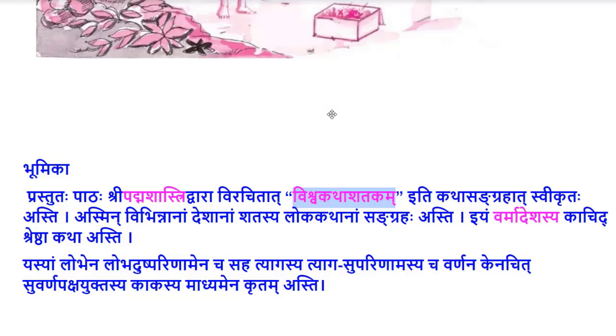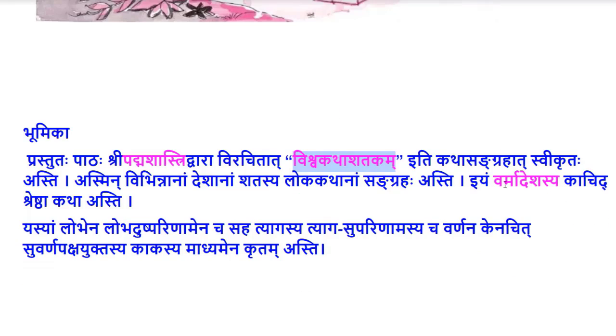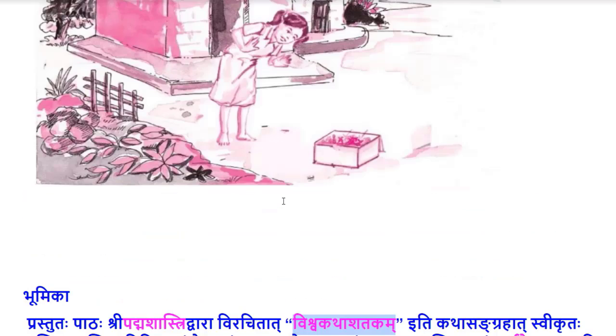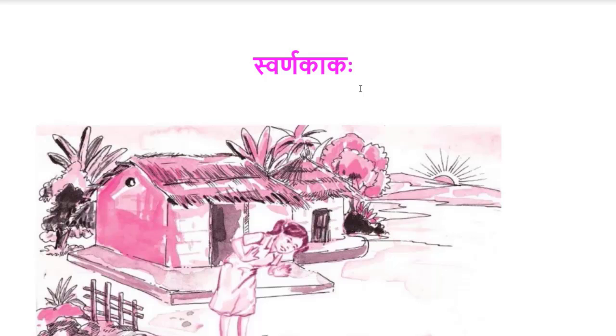This story is happening in a place named Varma Desha. No need to study that name, but I'm telling simply. So remember two things: written by Padma Shastri, and the story book is named Vishwakatha Shatakam. Our chapter name is Swarna Kakaha.